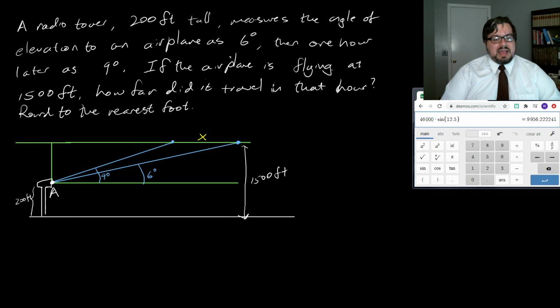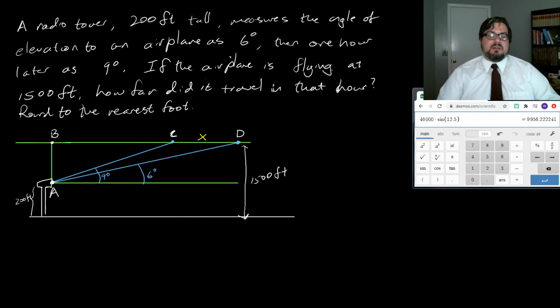I'm going to let A be the watchtower, or the radio tower. I'm going to let B be the point at the cruising height of the plane, immediately above the radio tower. C will be the location of the plane after the hour has passed, and D the location of the plane at the beginning, before the hour has passed.